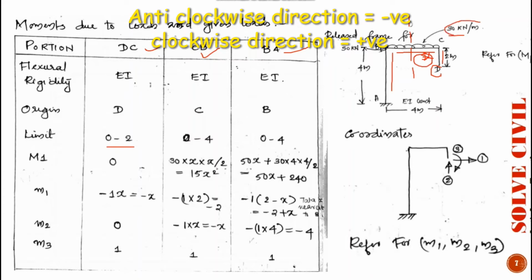Since this is a UDL, to convert it into a force, 30 into x, we need to multiply it with the distance, 30 into x by 2. So the moment will be 15x square.